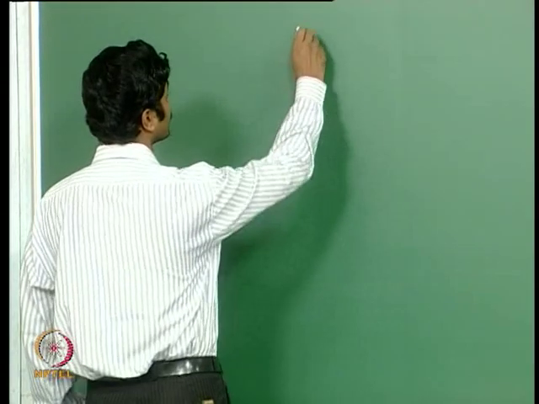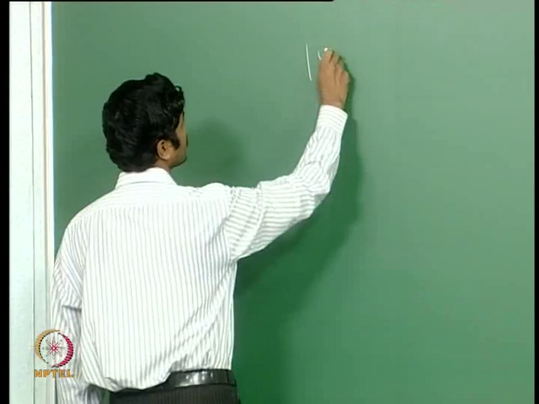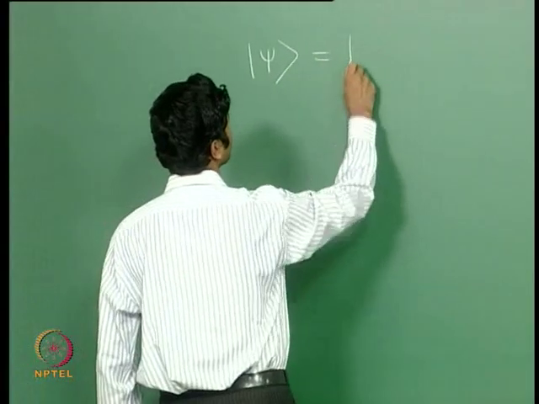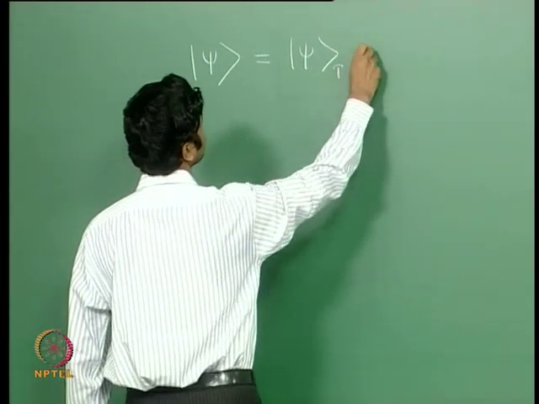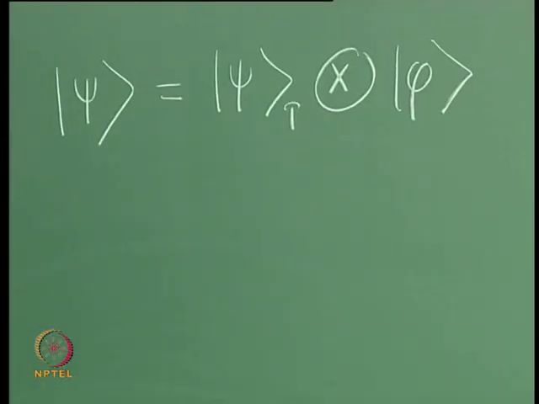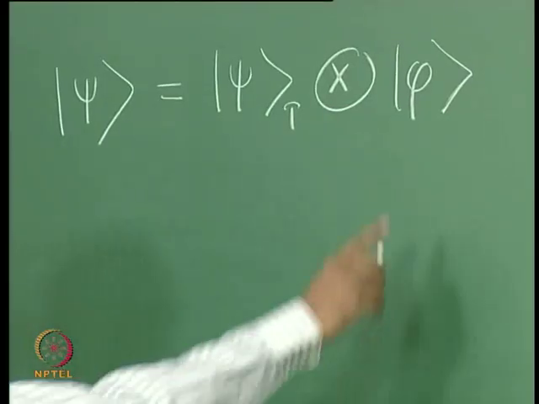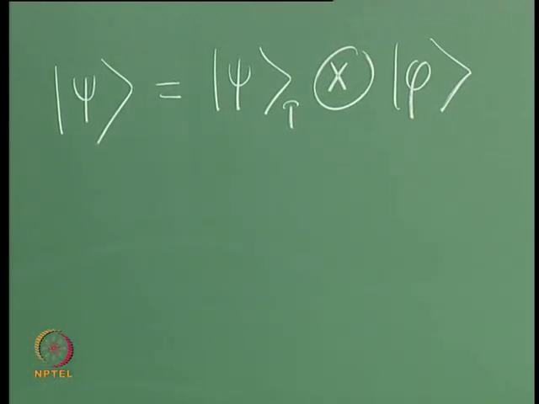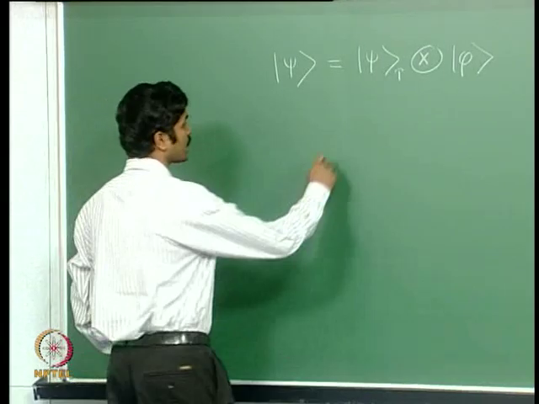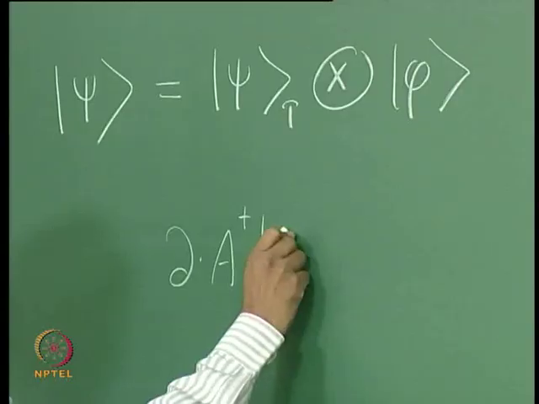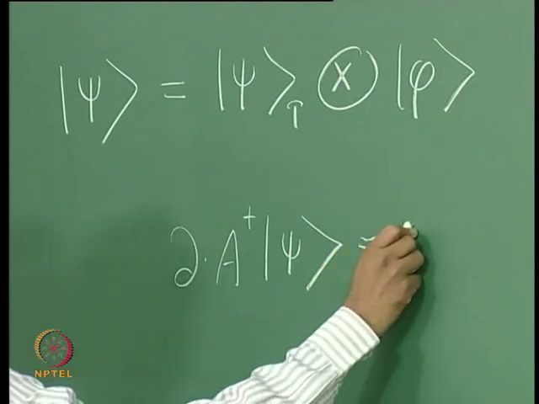We have said the physical Hilbert space is spanned by states of this type, psi equals psi t times phi. These involve the transverse polarizations, whereas these involve the scalar polarization. However, not all the states in the full Hilbert space satisfy the physical state condition, which is given by del dot A plus acting on psi is equal to 0.